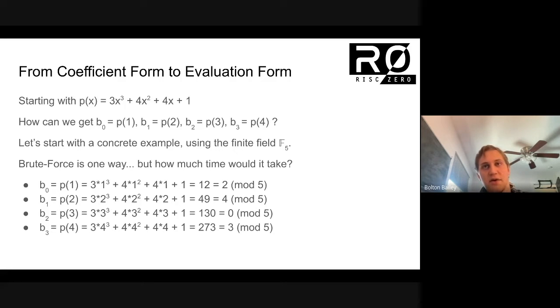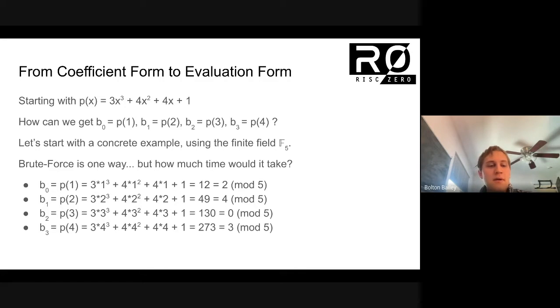But the vaguely disappointing thing about doing things this way is that it takes a lot more time than you would want to. The reason why this is a very slow algorithm essentially has to do with the fact that we're doing a lot of different multiplication operations here.